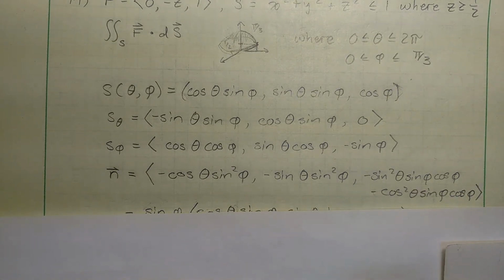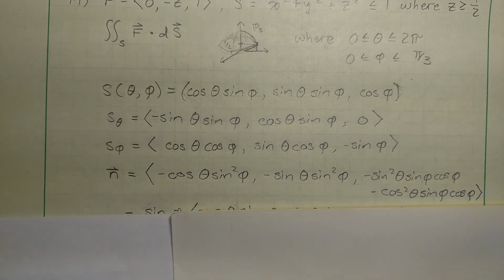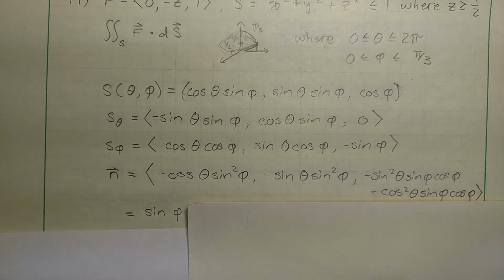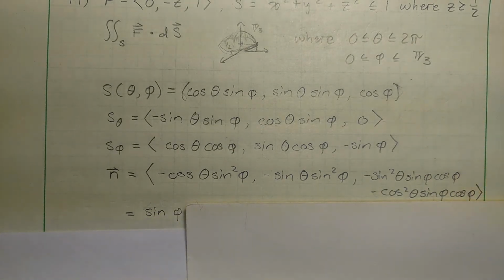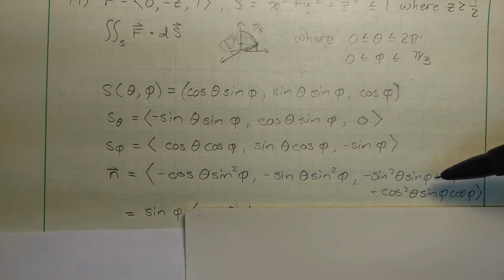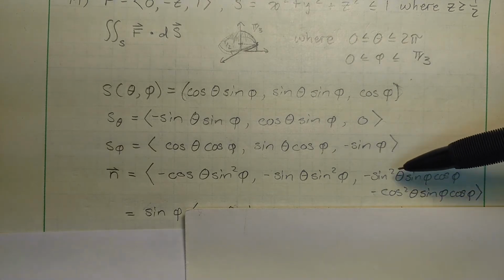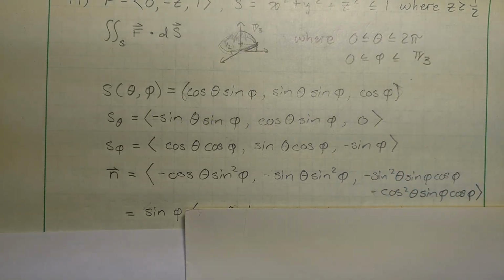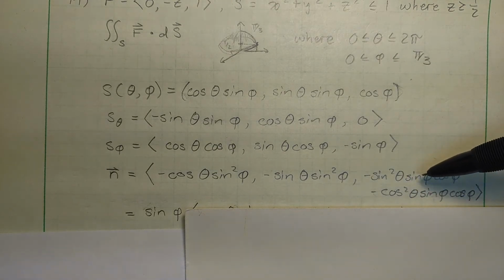Simplifying this down, here's the part where we get to something that should look pretty familiar. If I factor out this negative sine phi, cosine phi, I just get sine squared plus cosine squared, so that's 1. So this just becomes a negative sine phi, cosine phi.